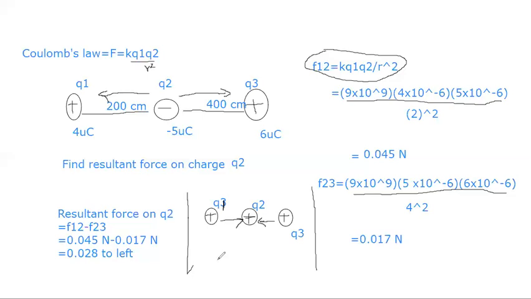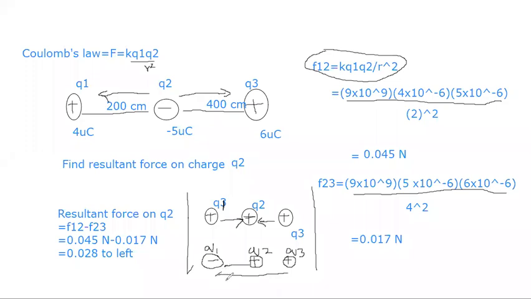Let's suppose negative is here, and we have positive here, and we have another positive here, and now I want, let's suppose, the force on this Q1, let's suppose this is my Q1, this is my Q2, and the last is my Q3. And if I have to find the resultant force on Q1 from Q2 and Q3, so obviously from Q2 it's an attractive force, and from Q3 also an attractive force.